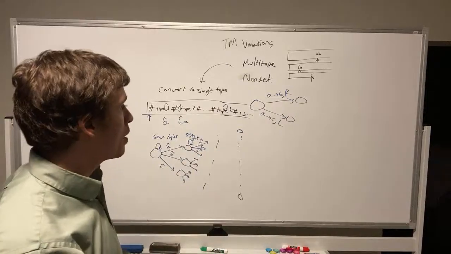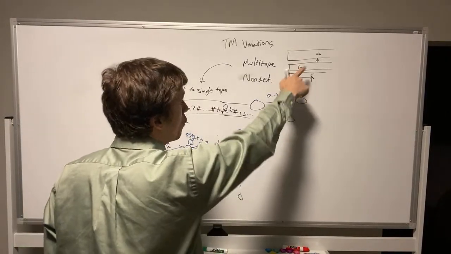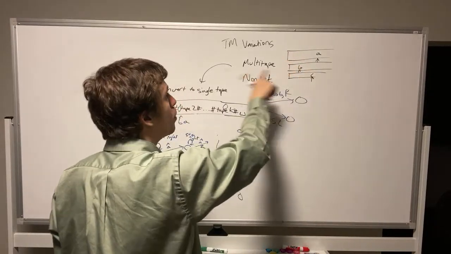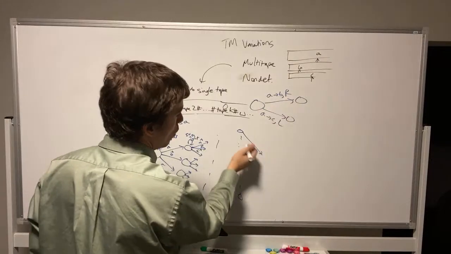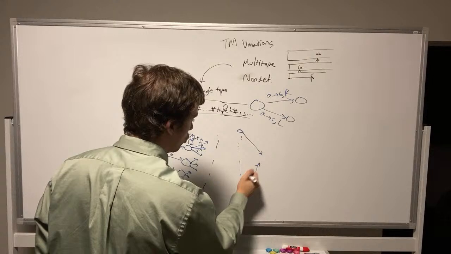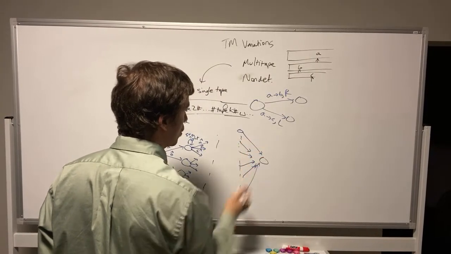And for each one of them, we're going to figure out what the transition is. So if we look through the different combinations that the multi-tape machine could see, we're just going to string all of those together in a bunch of different transitions that are all going to come back down to a single state here.